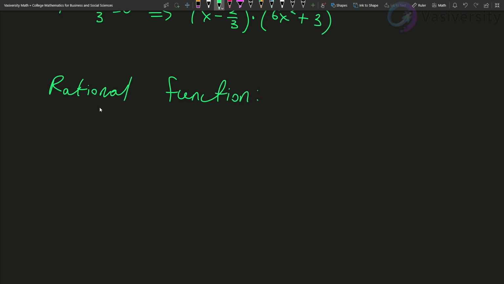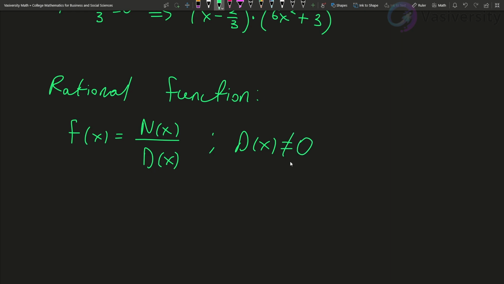A rational function f of x is equal to some function n of x divided by d of x, and we have to make sure that d of x is not equal to 0, so that the domain is restricted.